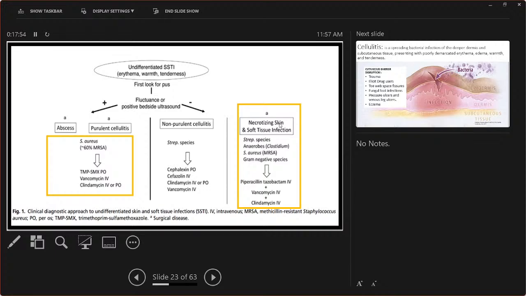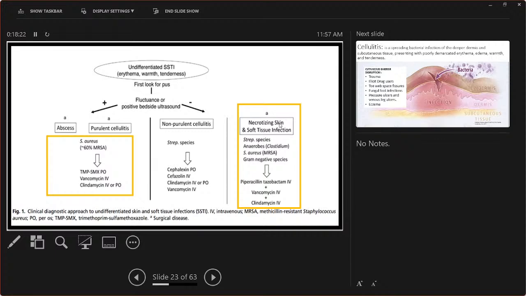Regarding the use of point of care ultrasound, if it is obvious, typically it will not be needed. When it is not obvious, yes, you use point of care ultrasound. But the sensitivity of picking up abscess in point of care ultrasound will be greatly enhanced if you use the water bath technique, especially in the extremities.